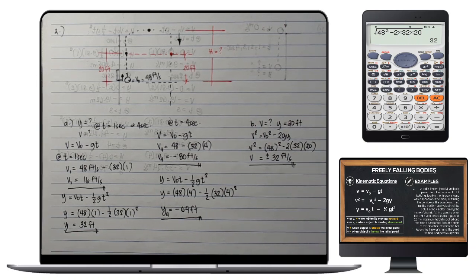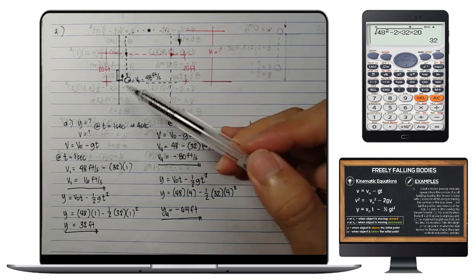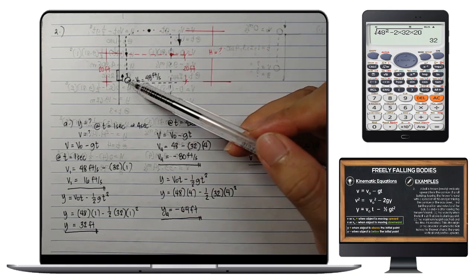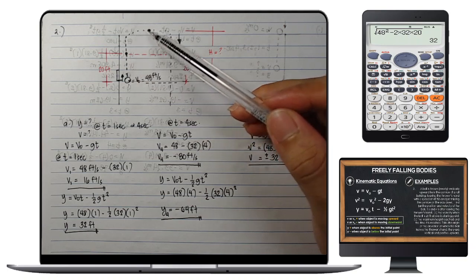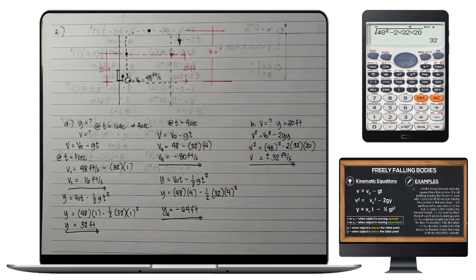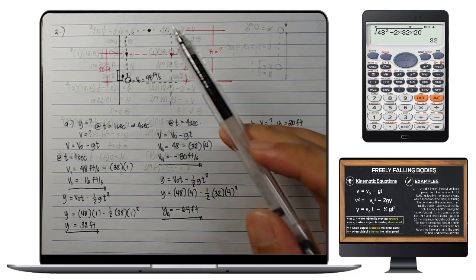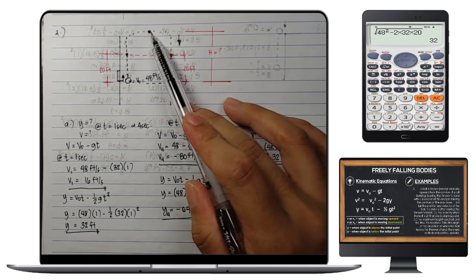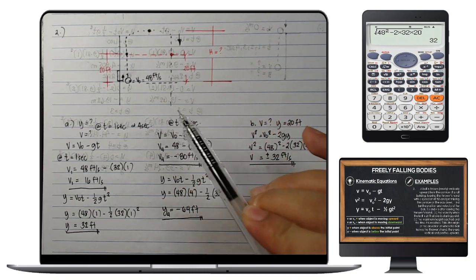So, ano ba yung nangyayari dito? When the object, let's say from this point is thrown upward, as time goes by, tataas yan until it reach the maximum height. And when it reach the maximum height, momentarily the object will stop. Okay? Sobrang bilis lang. Then after stopping, bababa na siya.